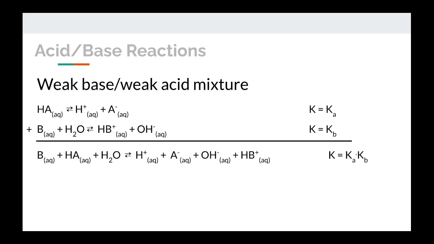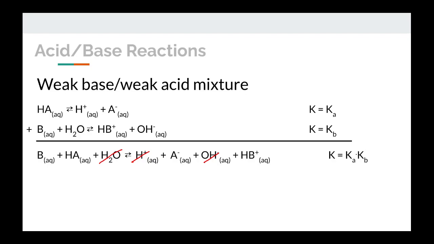If we add these together, K is still a small number. Ka times Kb is going to be the product of two fairly small numbers because it's a weak acid and a weak base. We can net out water from both sides because OH minus and H plus are not going to exist separately. So that part of this reaction is going to shift completely to the left, and any stray H plus and OH minus, except for very small quantities, are going to cancel out.